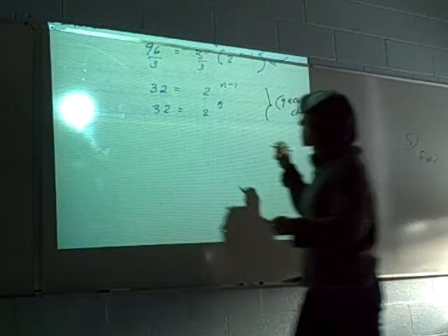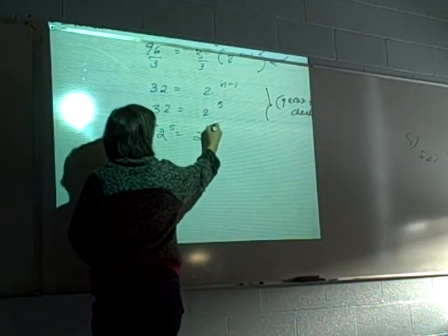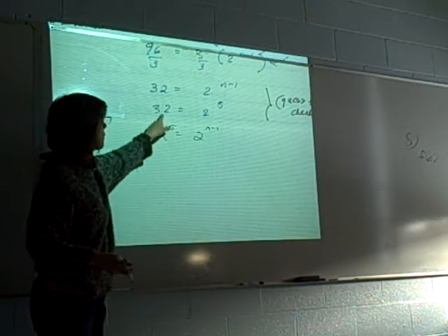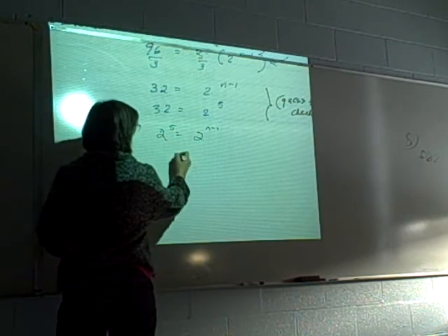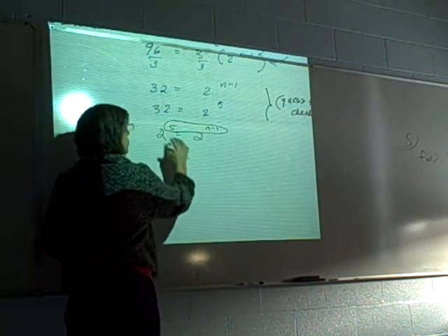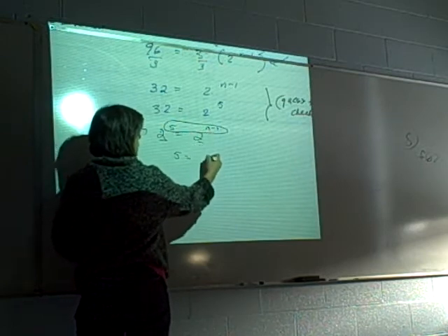Another way of thinking about this is I just say 2 to the 5th is equal to 2 to the n minus 1. Does that make sense? Because 2 to the 5th is equal to 32. And if in doubt, this is a little bit of a preview of what we're going to do, since the bases are the same, I'm just dealing with the exponents.